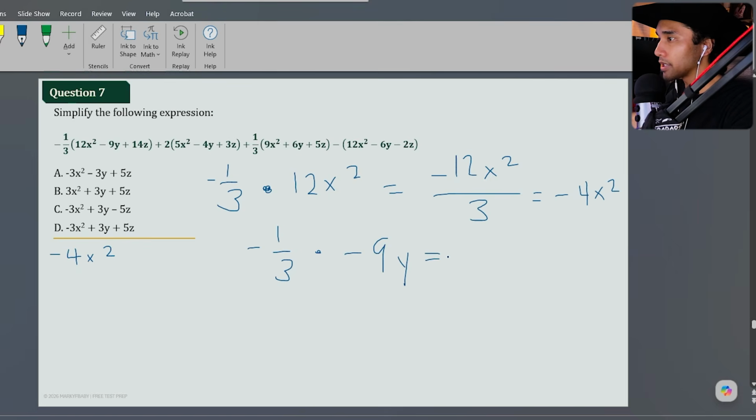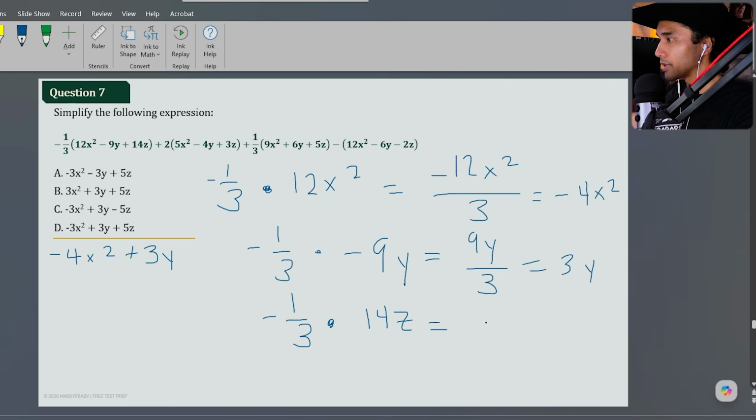and then I have negative 1/3 times negative 9y, and this one equals positive 9y over 3, because a negative times a negative equals a positive. And this gives me 3y, because 9 divided by 3 is 3. So I'm going to go plus 3y. And lastly, I get negative 1/3, and this is where it gets ugly, times 14z.